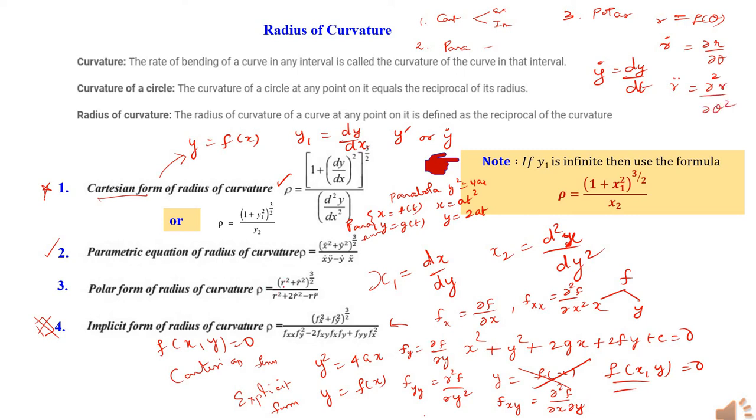So the formula is (r square plus r dot square) whole thing raised to 3 by 2, divided by r square plus 2 times r dot square minus r into r double dot.